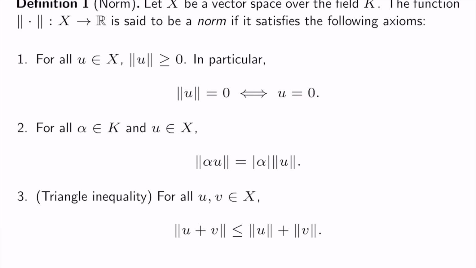And second, for all elements of the field K, alpha, and element of X, u, so it's a vector space, so we can define the scalar multiplication between the scalar alpha and the vector u. So the norm of alpha u is equal to the absolute value of alpha times the norm of u.